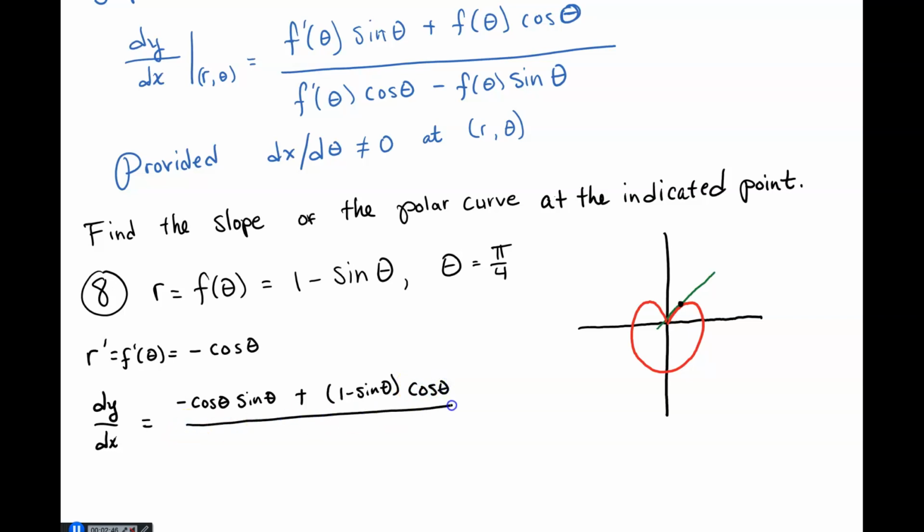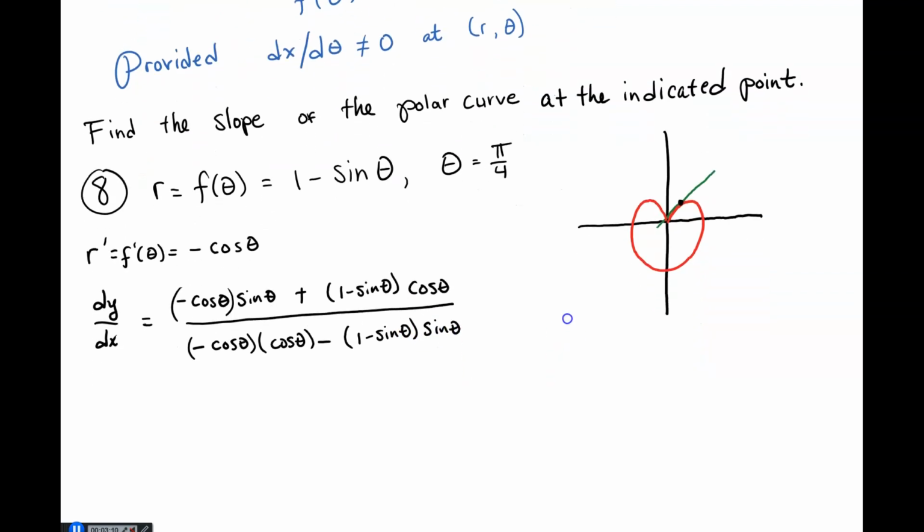Then we're going to divide that by f prime again, which is negative cosine theta, multiplied by a cosine theta, subtracting 1 minus the sine of theta and multiplying that by the sine of theta.